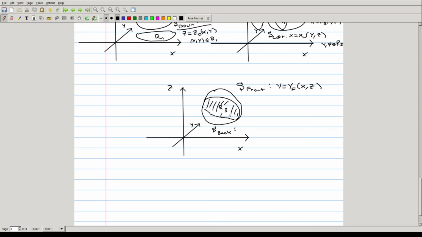And S back of the surface is y is equal to some function y_B of x comma z. And both of these are for x comma z in this projection region R3, which is just the volume projected along to the zx plane.